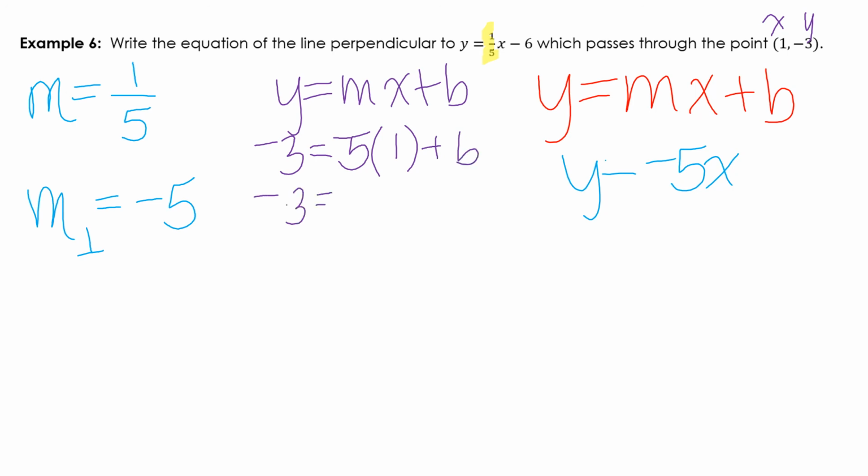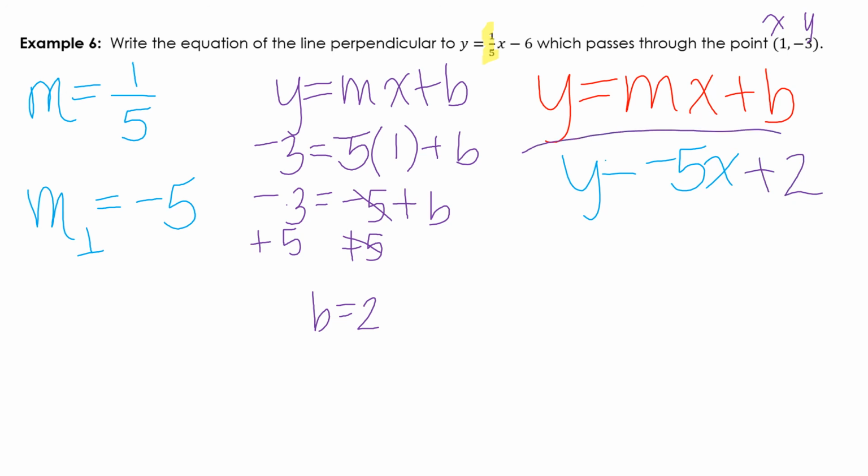So I'm going to do negative 5 times 1, which is negative 5, and then I'm going to move that negative 5 to the left side to isolate b, and that's going to give me b equals positive 2. So the line perpendicular to y equals 1/5 x minus 6 that passes through the point (1, negative 3) would be y equals negative 5x plus 2.